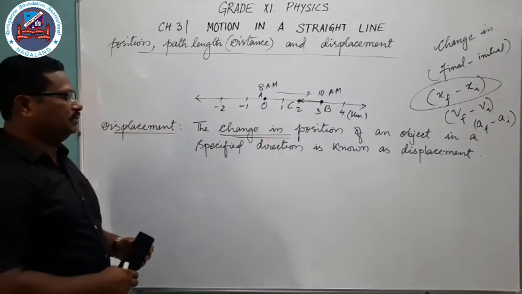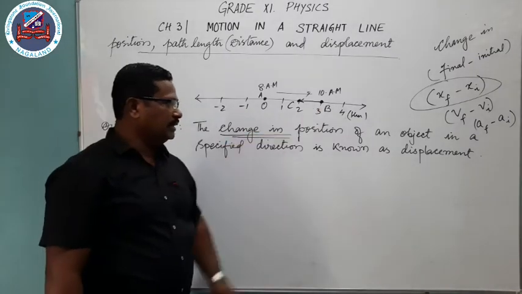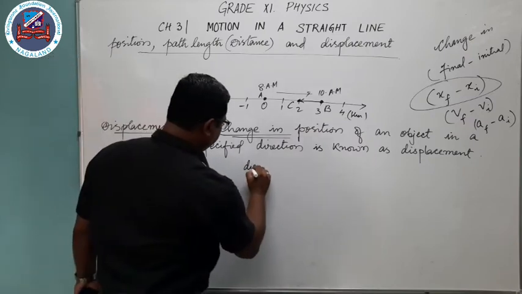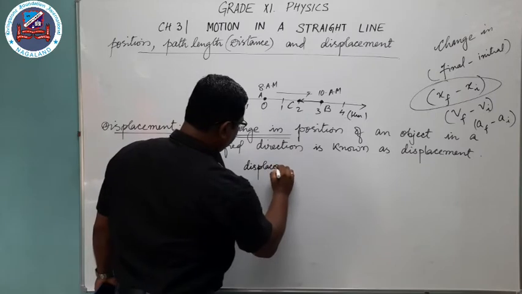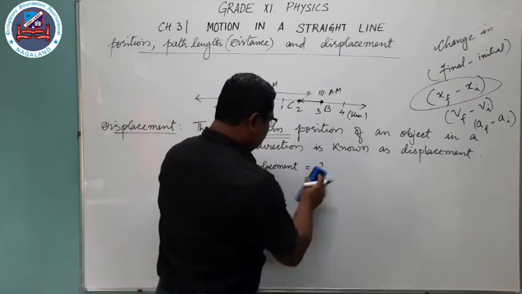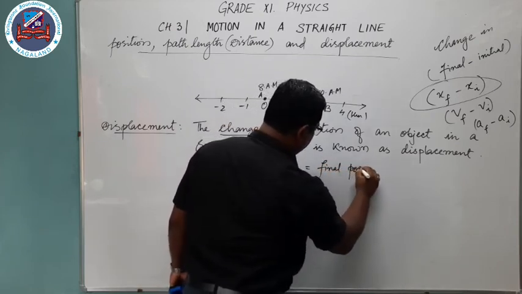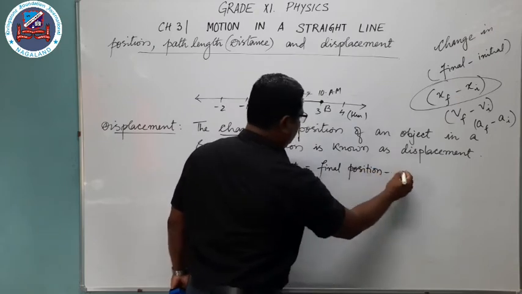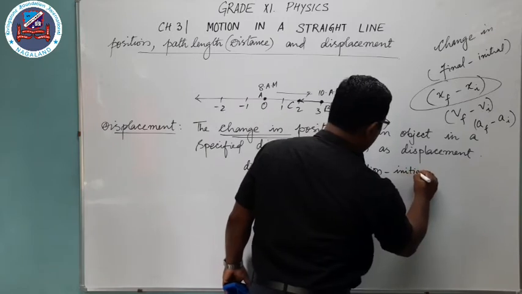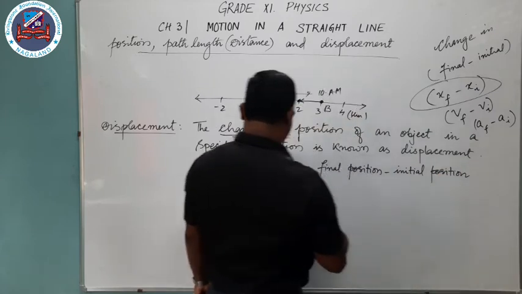Change in position, when we say, then it is the final position minus the initial position. Displacement mathematically we can write like this: final position minus initial position, that will give us displacement.